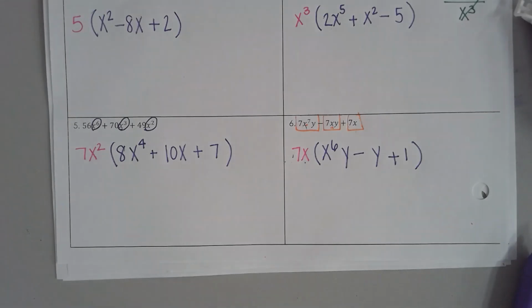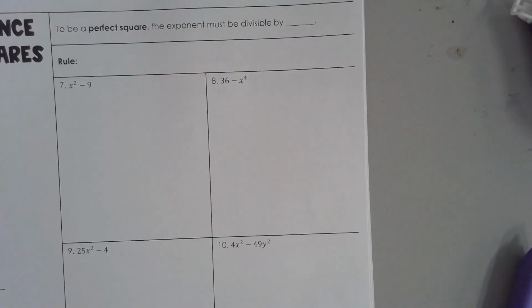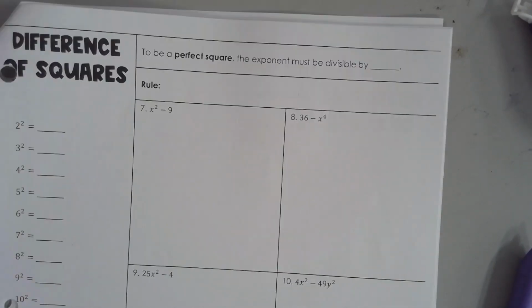Dividing could be a little confusing. So the first ones we did weren't too bad. Called difference of squares. This is also not bad.